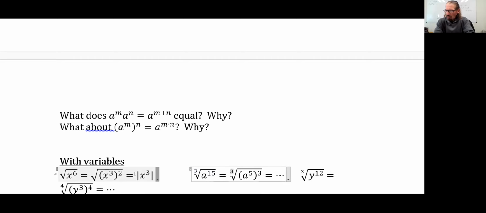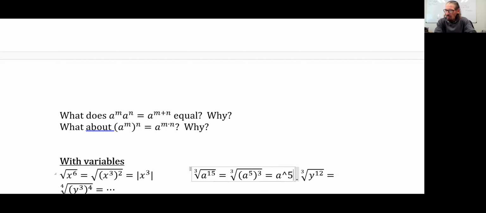On this one, looking for 15 as some power of 3, well, I'm seeing a to the 5th cubed. That's a to the 15th. So the cube root and the cube will cancel because that is an odd index.